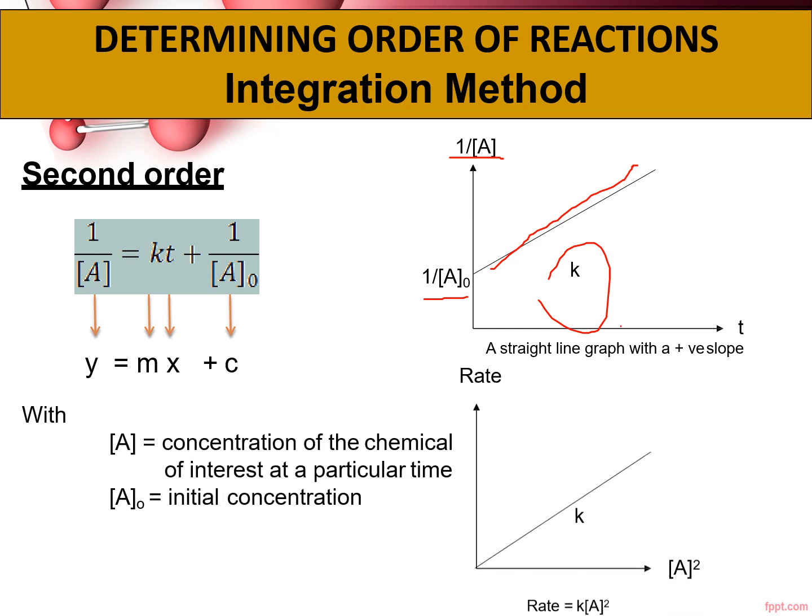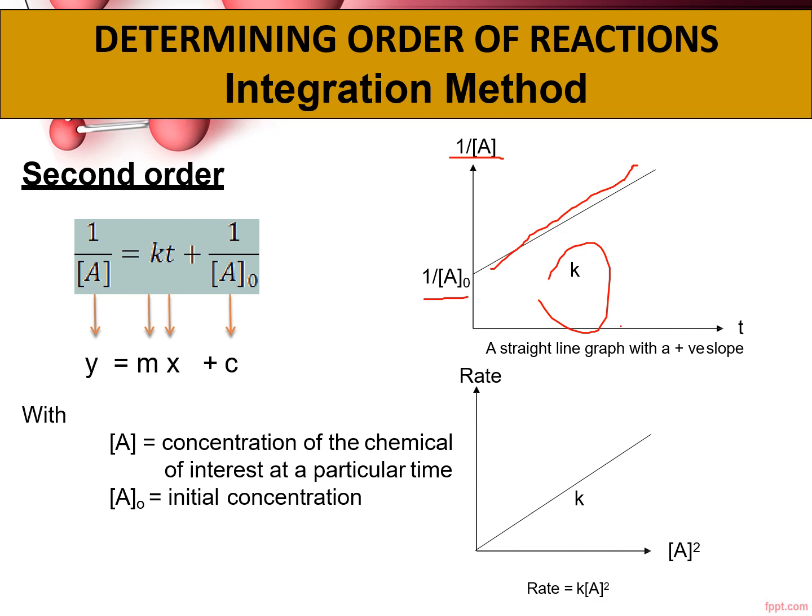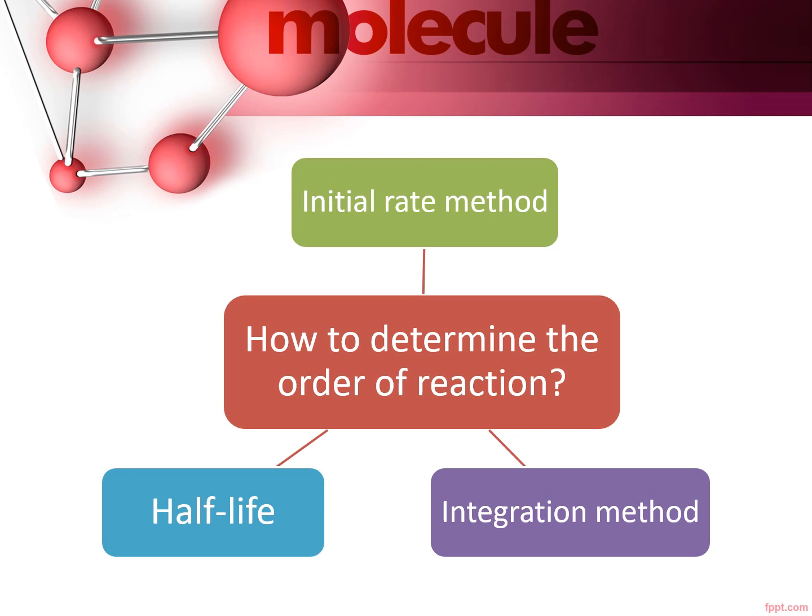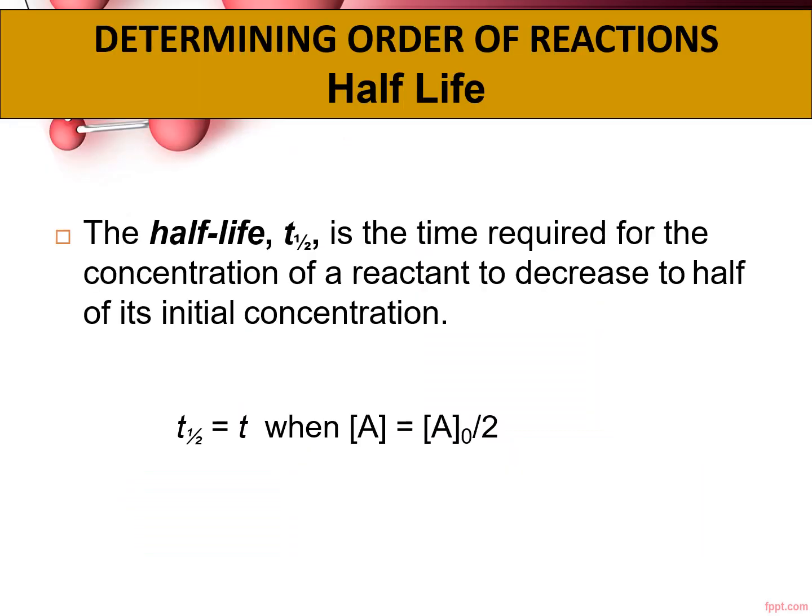If we compare with the rate, k A to the power of 2 for second order, you find your k is still a positive slope. So that is the second method, integration or graphical method.